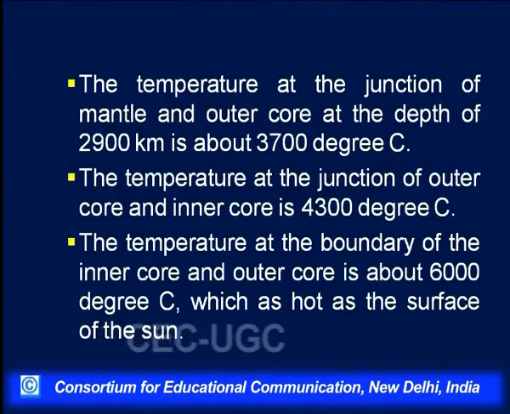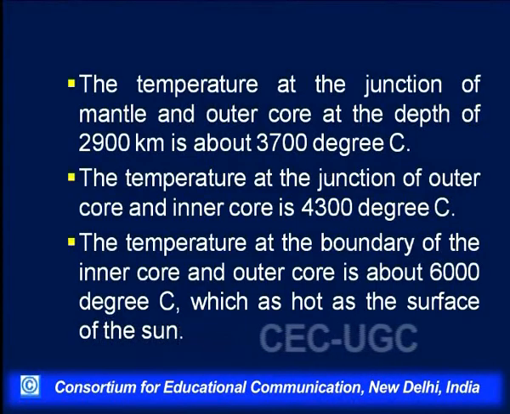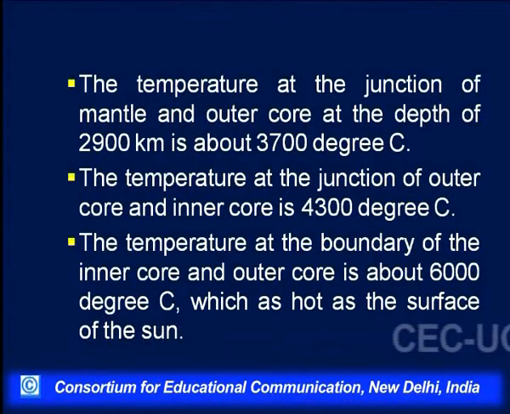The temperature at the junction of the mantle and outer core, at the depth of 2900 kilometers, is very high, about 3700 degrees Celsius, and it goes on increasing until it reaches 4300 degrees Celsius at the junction of the outer core and inner core.